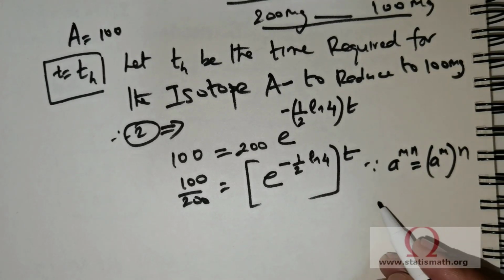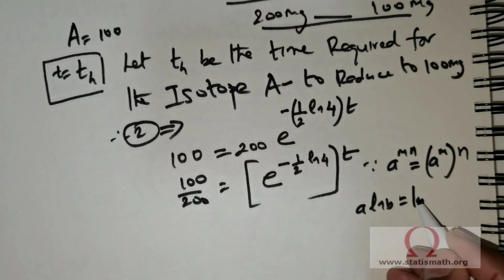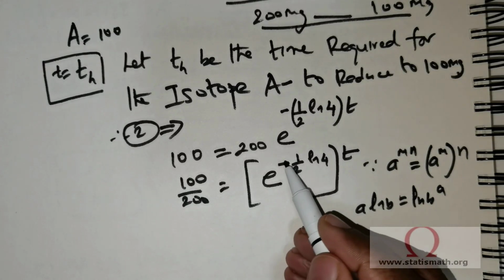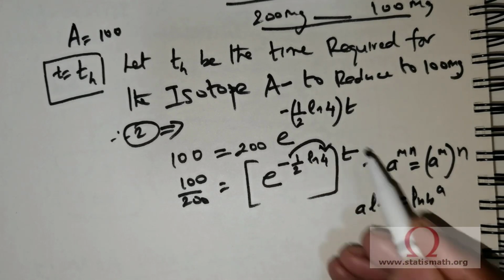Now, from logarithm, I know that a times ln b can be rewritten as ln b raised to the power a. So, if I were to do that, then I can move this negative 1 over 2 to 4's head.